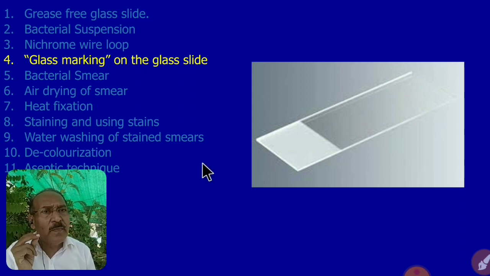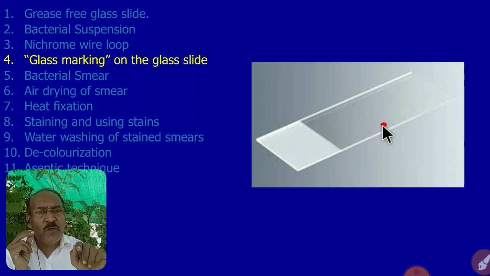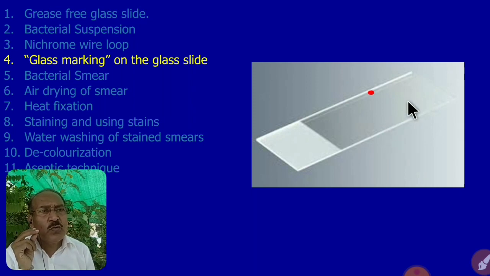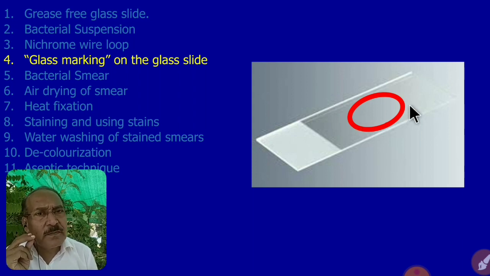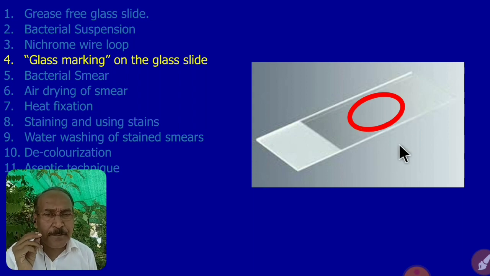For marking that slide with a glass marking pen or pencil, suppose you started marking from here, you can mark it either in the form of a thin circular ring or in the form of a square also. If you start marking here, then you keep your marker or glass marking pencil rotated on the surface of the slide, and then you will get this kind of a mark produced on the glass slide.